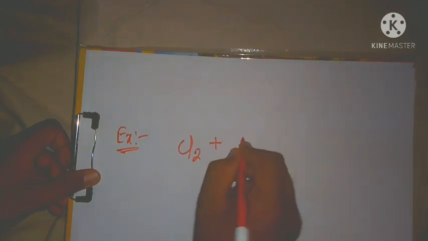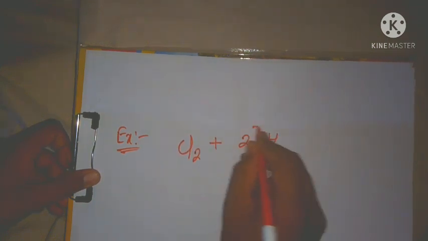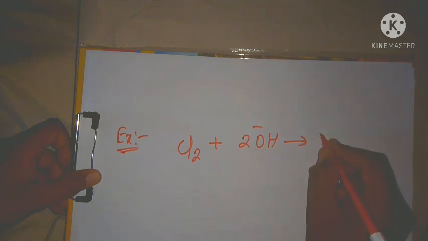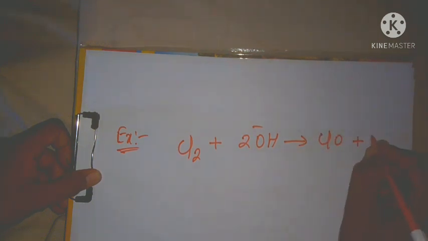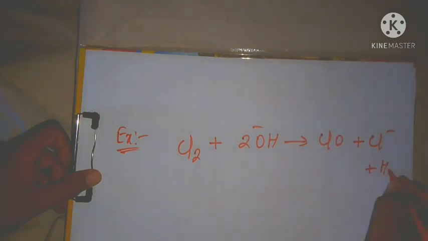Just check the second example: Cl2 plus 2OH minus gives rise to ClO minus plus Cl minus plus H2O, right?